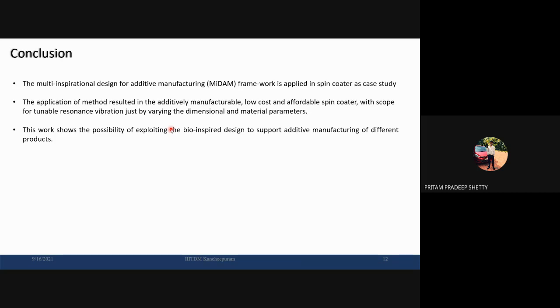When we were working, we saw a lot of vibration, right? The structure allowed us to add more vibration isolation sponge around the device to reduce the vibration further. This work shows the possibility of exploiting bio-inspired design to support additive manufacturing of different products.